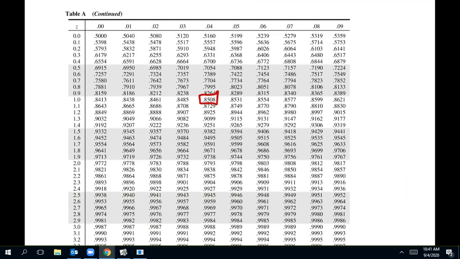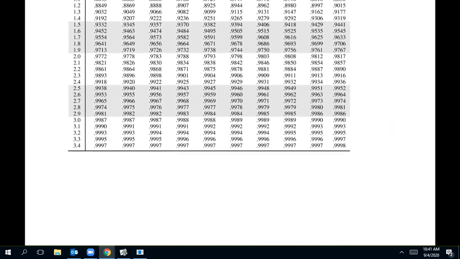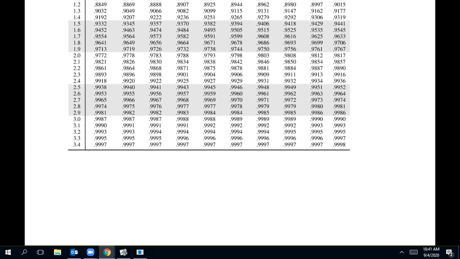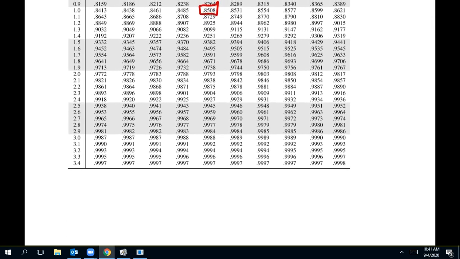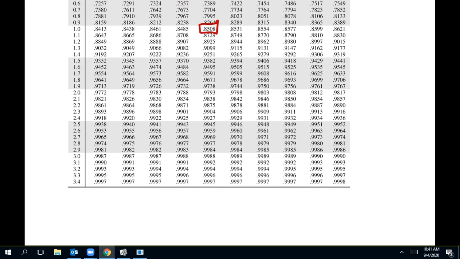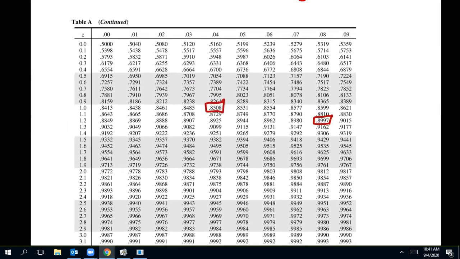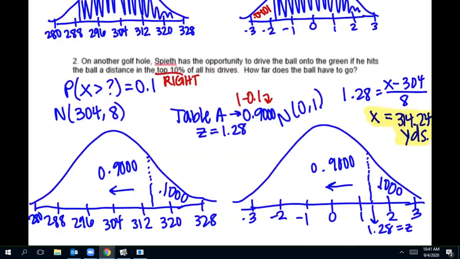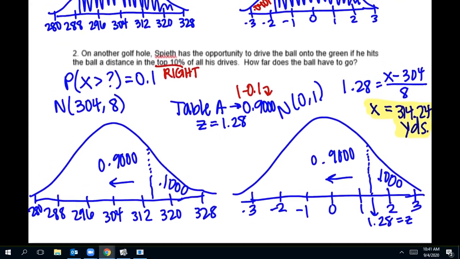I can show you my table just so you can see. Here's 0.99, blah, blah, blah. Okay, 8925, 8944, 8962 is getting closer, 8980, 8997, and 9015. So this one is the closest. It's only 0.0003 away, and that is 1.28, which is where I got that z from. And then we solve for x.